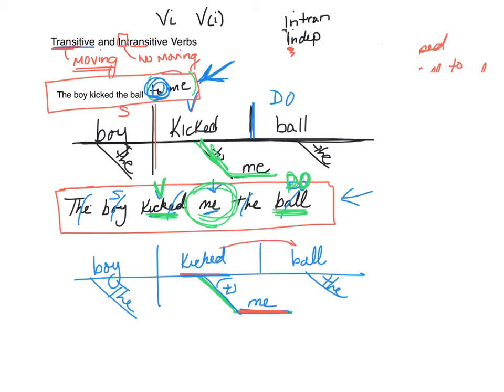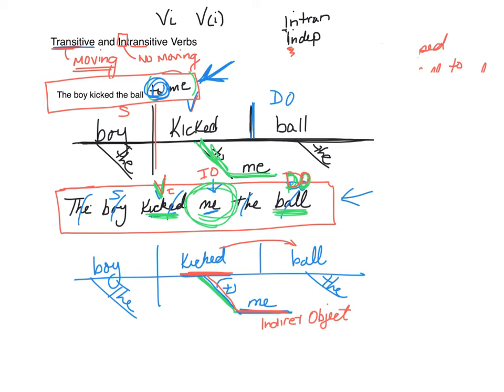The ball. Me is related, but it's an indirect relationship, which is why this is called the indirect object. An indirect object is a modifier for the verb that probably should be in a prepositional phrase, but it's not. Instead, it has been jammed in there between a transitive verb and a direct object. The boy kicked me the ball.